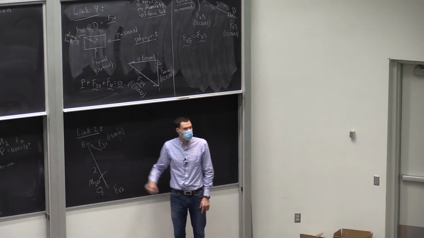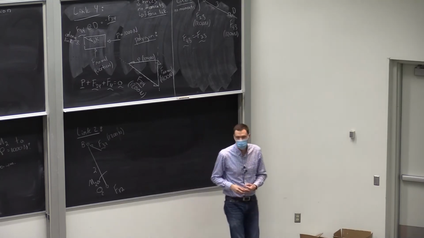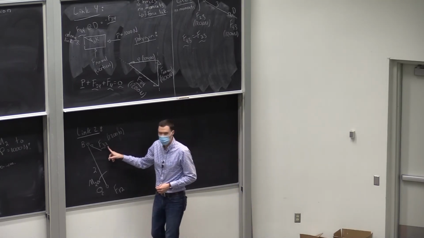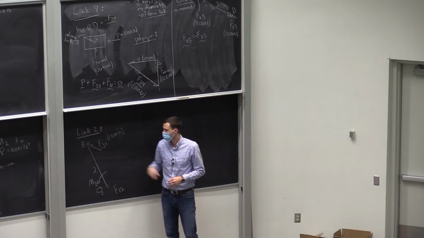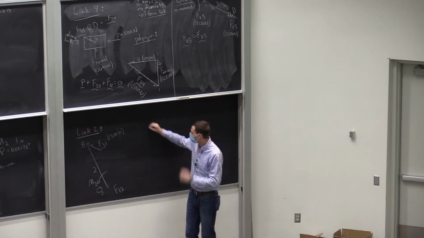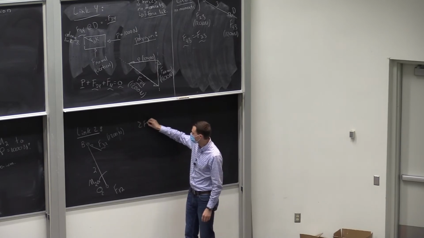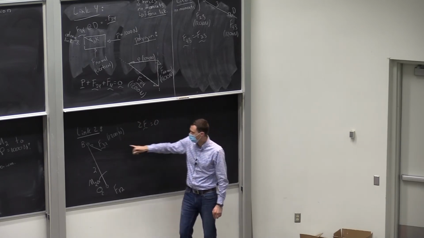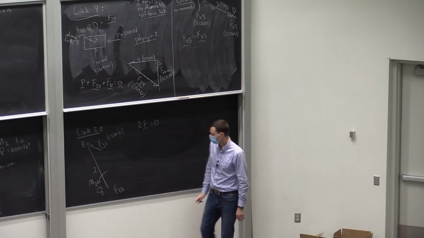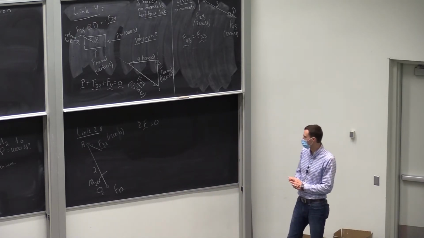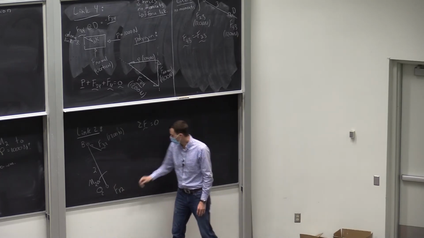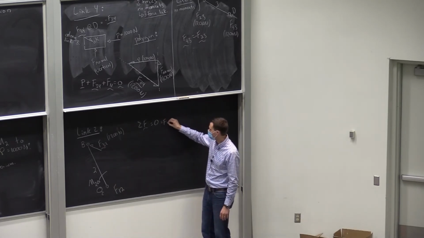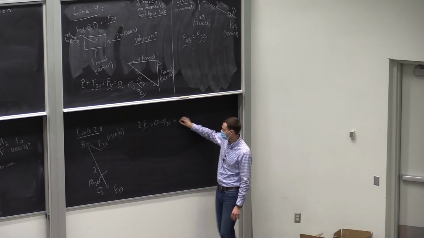I mean, we can look at this link and say, to be balanced, something needs to oppose this force, right? And a moment can't oppose a force by itself, right? So if we did sum of forces here, those should equal 0. These are the only forces on our link now. The only forces are F32 and F12.